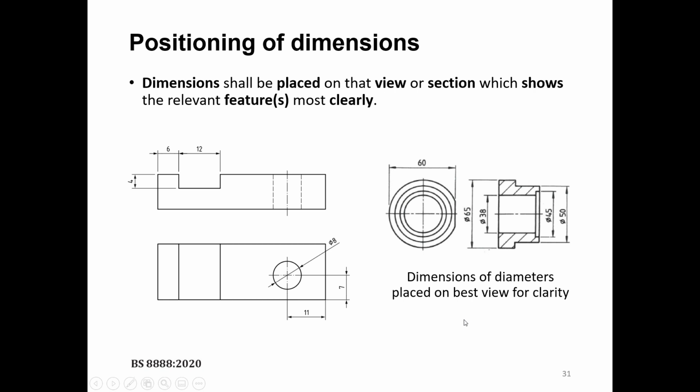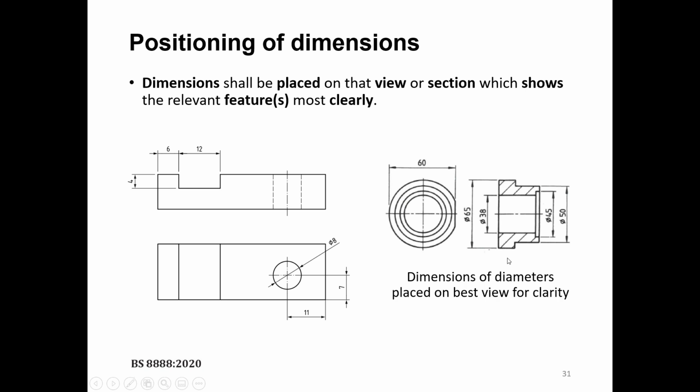Similarly, here you have two views again, and this circle is being cut at this point. So the distance between this edge and the end of the circle is 60 millimeters. So it's clearer to define it here.